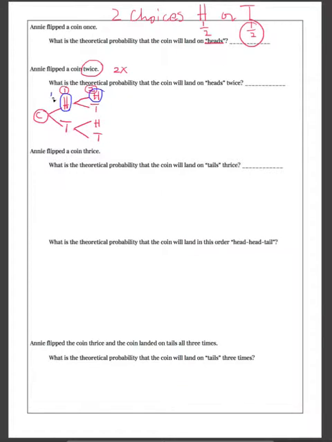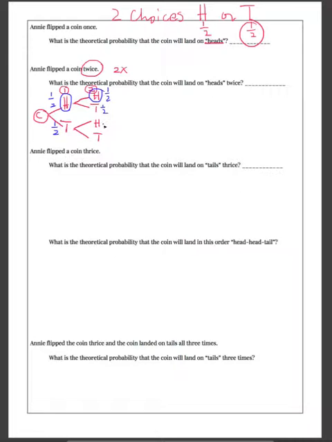So this is 1/2, okay? And 1/2 probability it will be on tails. So the second toss, the coin still has 2 sides. So what will be the probability that on the second toss it will still land on heads? It's the same, 1/2, okay? And if it will land tails, it's 1/2 for tails as well.